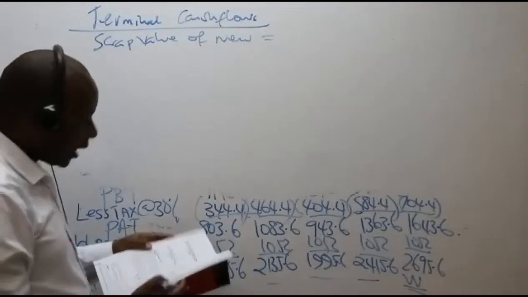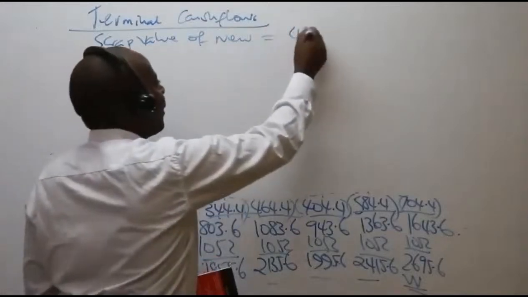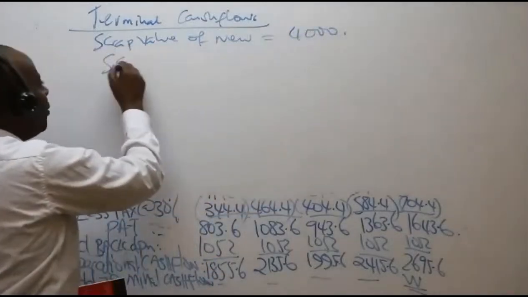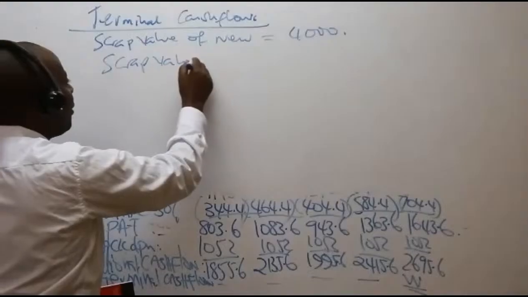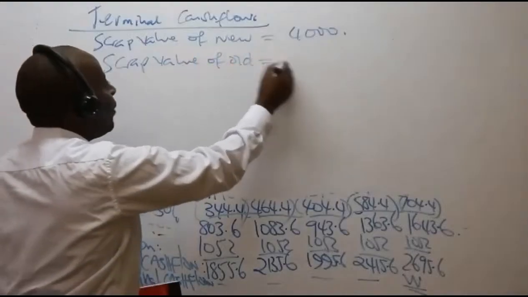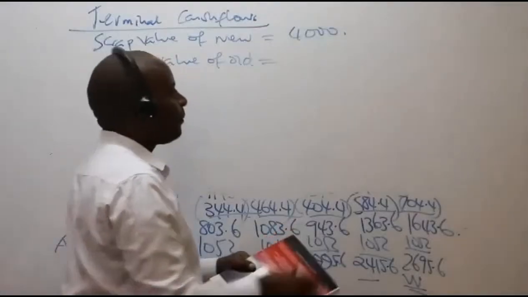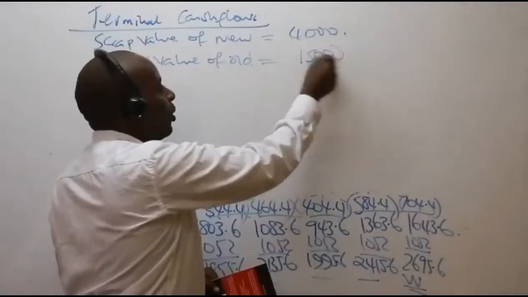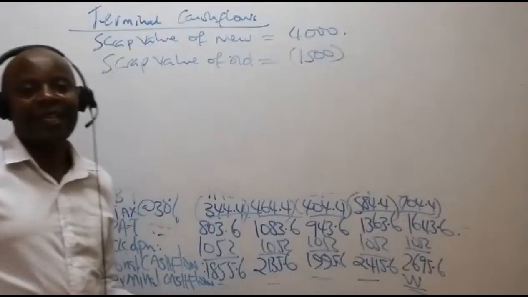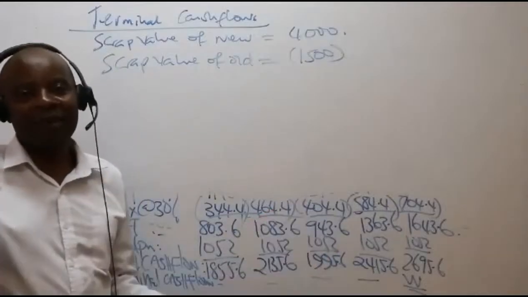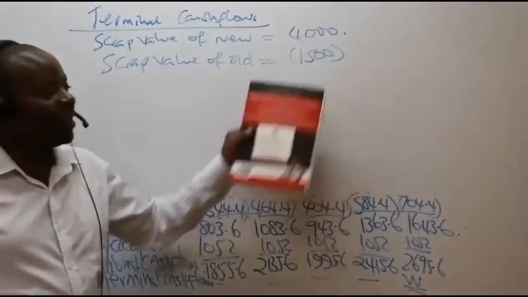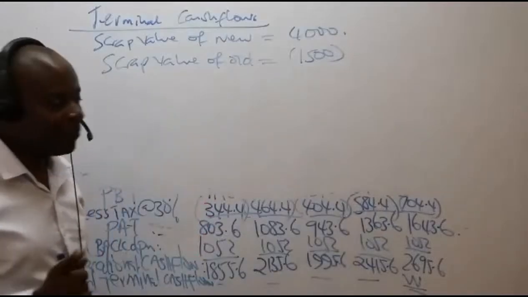They gave me 4,000. And then we have the scrap value of old, they gave me a figure of 1,500. Remember, old is an opportunity cost. I'll lose that if I make a replacement decision today, so I'm capturing it in brackets.